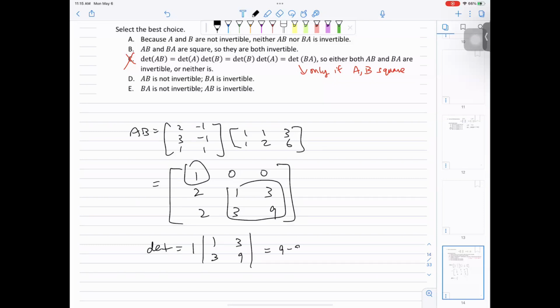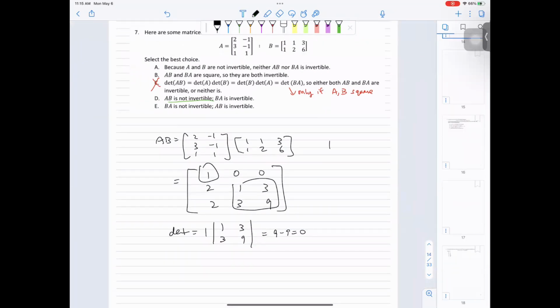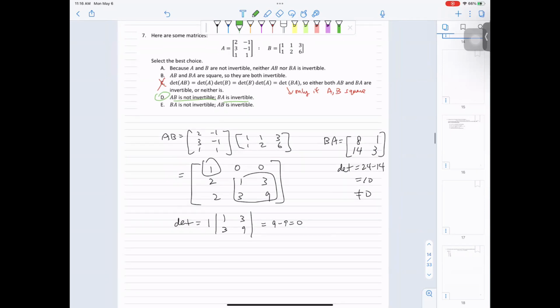So that's 9 minus 9, which is 0. So AB is not invertible. Is BA invertible? For BA, I get 8, 14, 1, 3, which has a determinant of 24 minus 14, or 10. This is not 0, so BA is invertible. The answer I got is D. Questions?